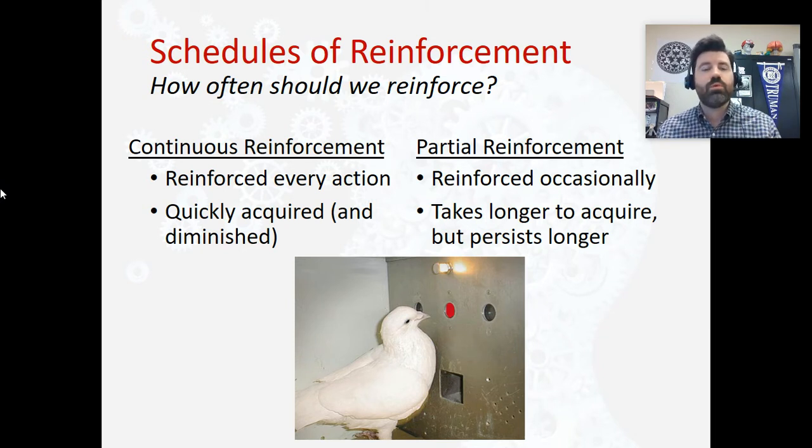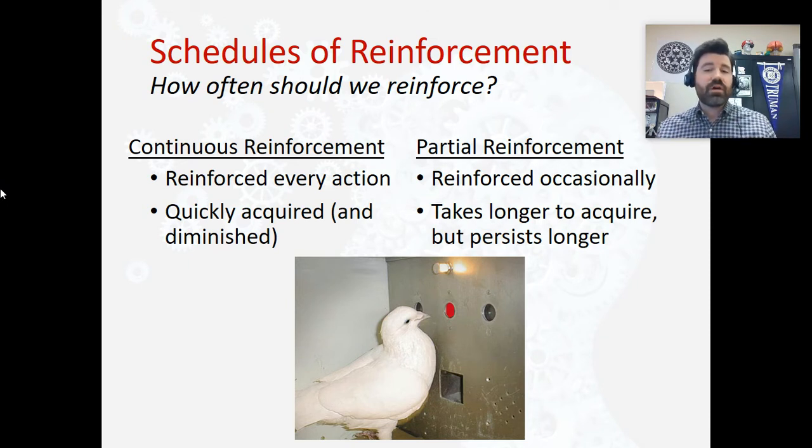Every single time you are late to class, I mark you tardy. But if all of a sudden I stop marking you tardy in the attendance log, you might just stop coming to class, right? So with continuous reinforcement, you are going to acquire a behavior very quickly, but that same behavior can quickly go away as soon as the consequence goes away.